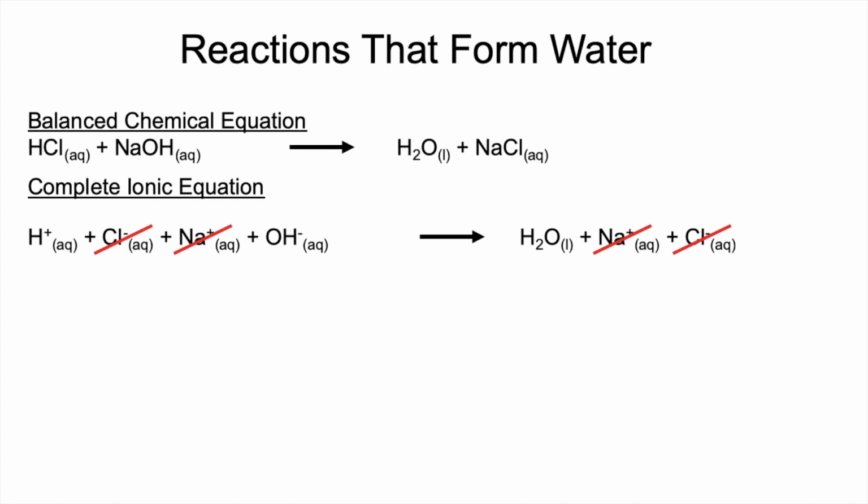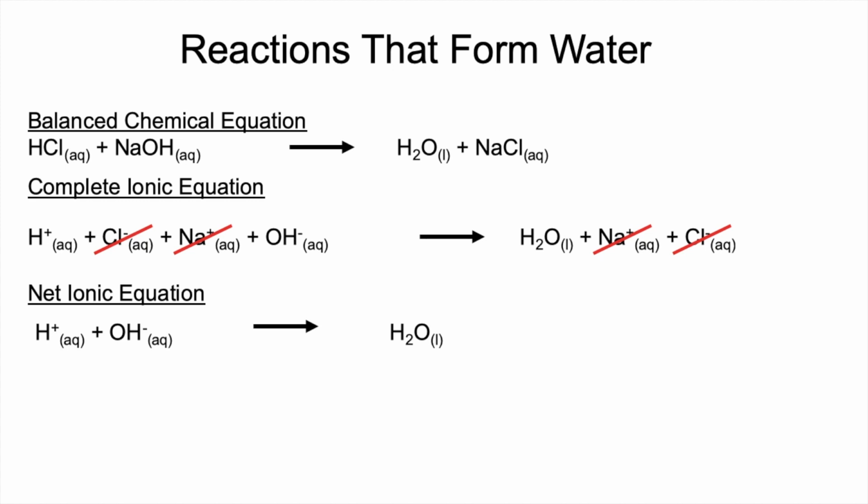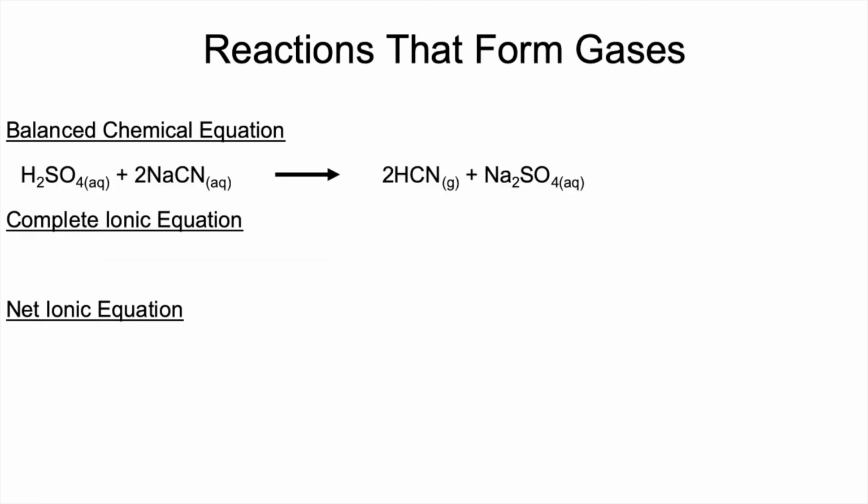Chloride and sodium are spectator ions. So when we write our net ionic equation, we have the hydrogen ion reacting with the hydroxide ion to form liquid water. Lastly, let's look at a reaction that forms a gas.